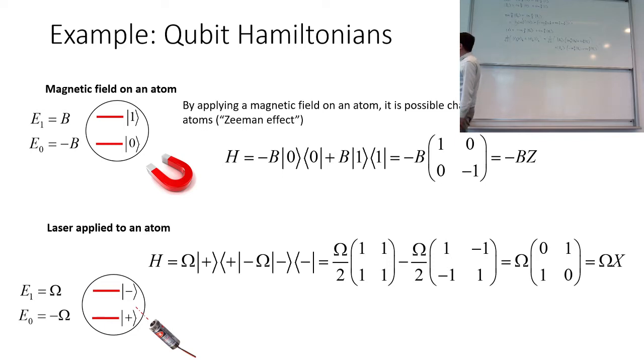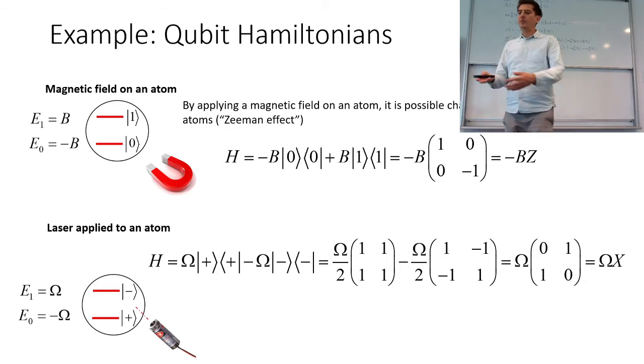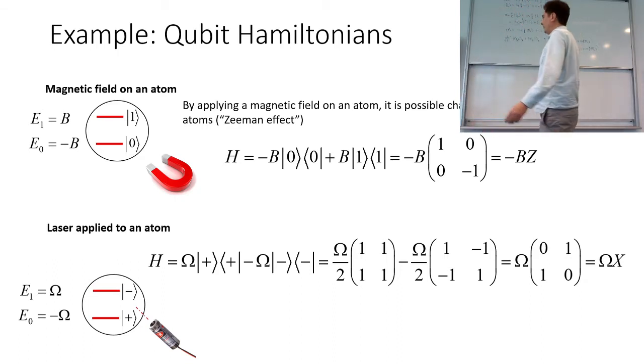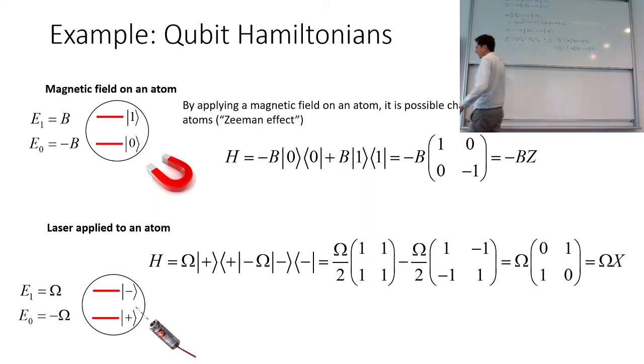So in this situation, the Hamiltonian that you would write is just something like this, and the amount that it would go up or down is proportional to the size of the magnetic field. The stronger the magnetic field, the more it goes up and down. If you take the magnet away, then these energy levels might be the same energy.